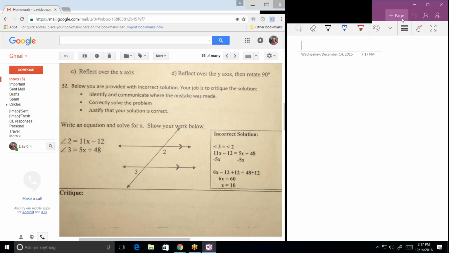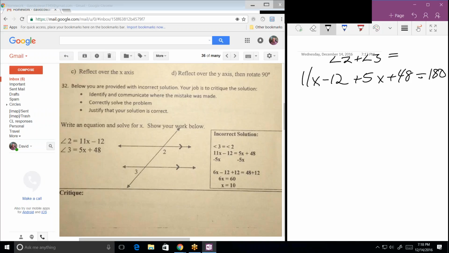Would you do 11x minus 12 plus 5x plus 48 equals 180? Yeah, although that might not be my first line. My first line might be angle 2 plus angle 3 is equal to 180. That would be my first line, and then of course that's angle 2 and that's angle 3.